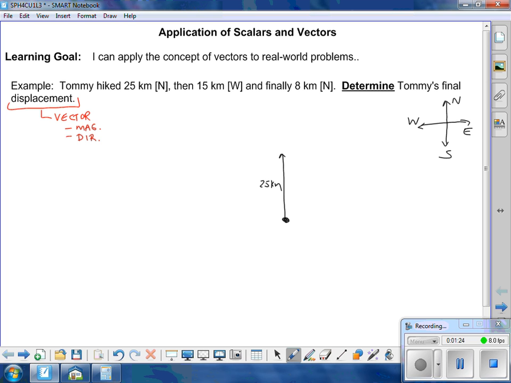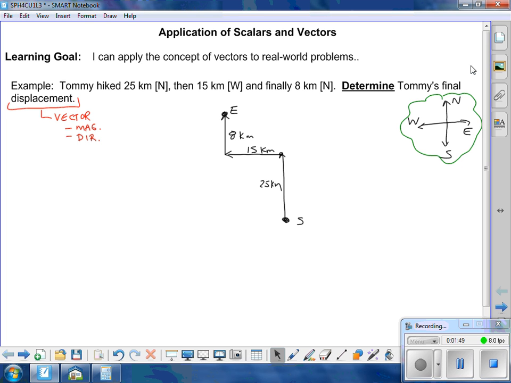So there is your Cartesian plane: north, east, south, and west. We went 15 kilometers west. So tail, head. I'm going to put the magnitudes in. And then 8 north up to here. So there's his ending location. There's the start. There is our end.